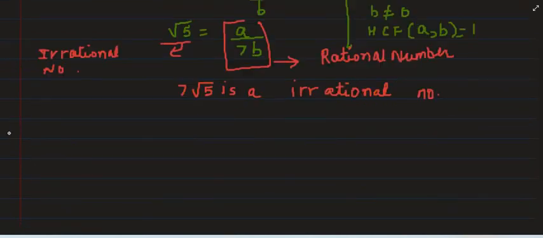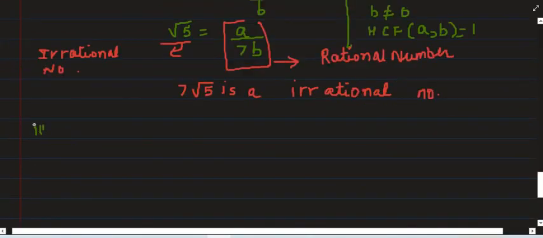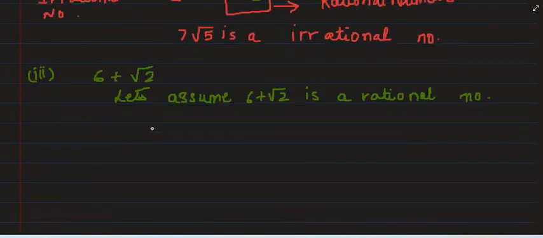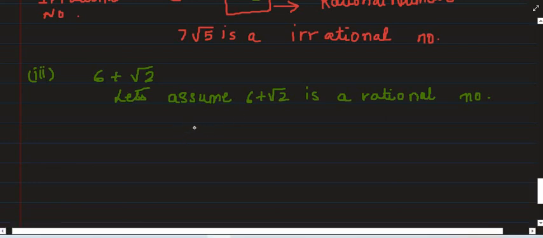Now we will continue with the third part, and the third number given is 6 plus square root of 2. Here also we will be using the contradiction method. So let's assume 6 plus square root of 2 is a rational number. So we can say that 6 plus square root of 2 is in the form of a by b.